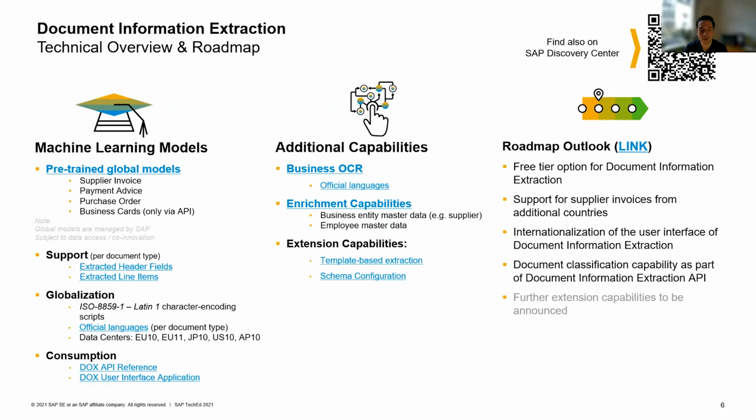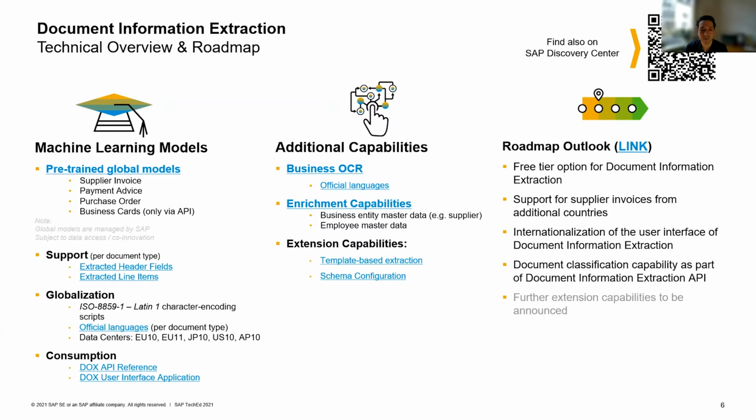And within the service, you have a dedicated endpoint to get the results of the business OCR engine. Here, business OCR supports some additional languages. And if you follow the link here, you'll find also the list of the languages that you can already use for OCRing your documents.